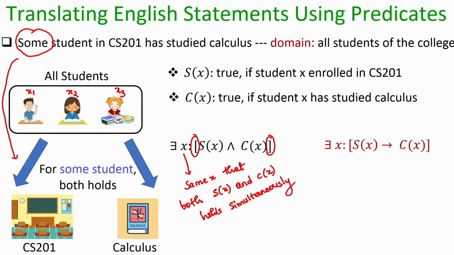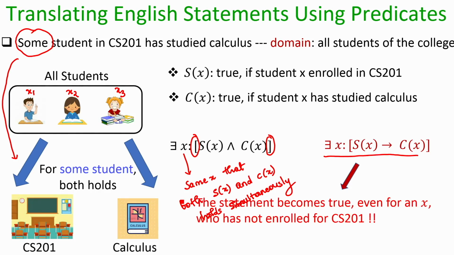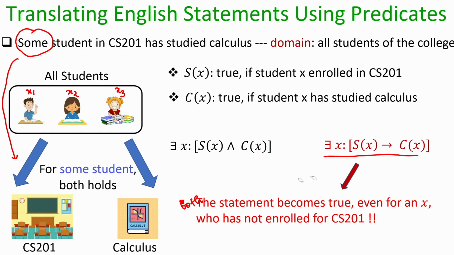Now, an interesting question here is, why can't we represent this assertion by this second expression, there exists x such that S of x implies C of x? It might look like this second expression can represent the same assertion, but that is not the case, because this expression becomes true even for an x who is not enrolled for CS201.